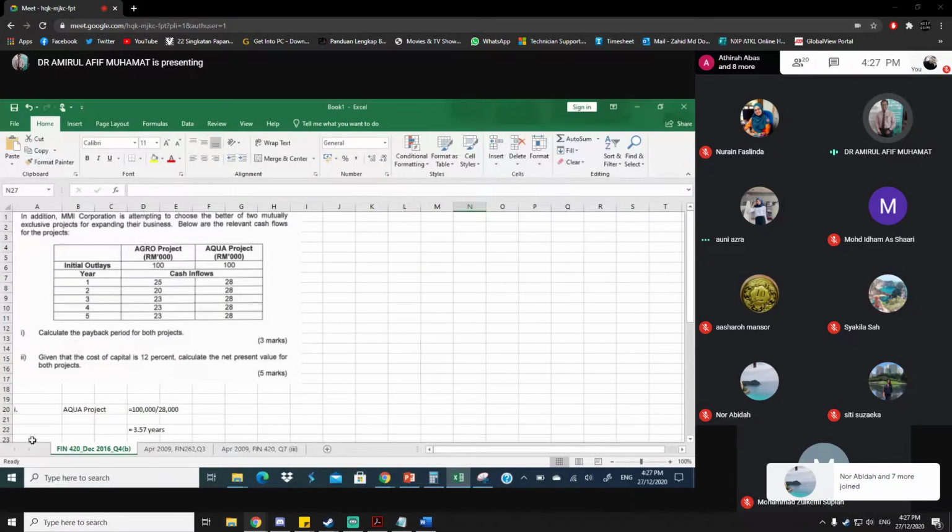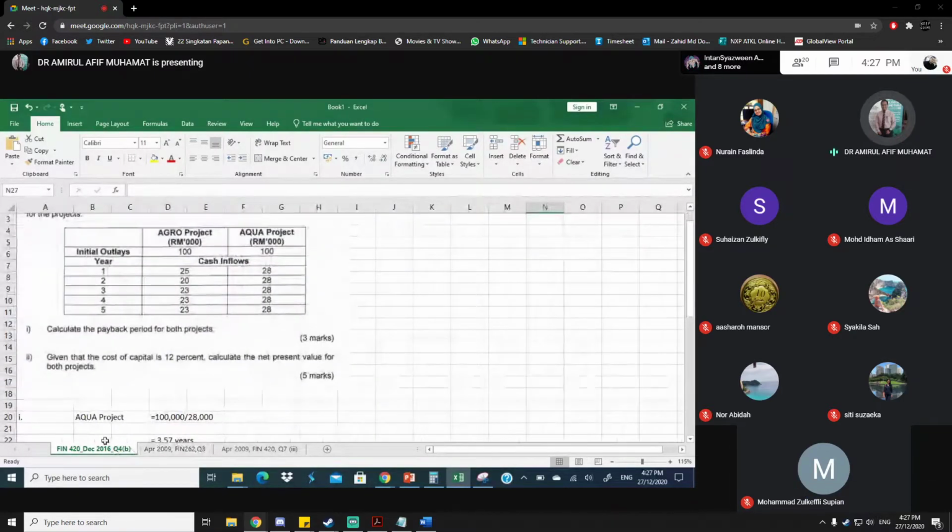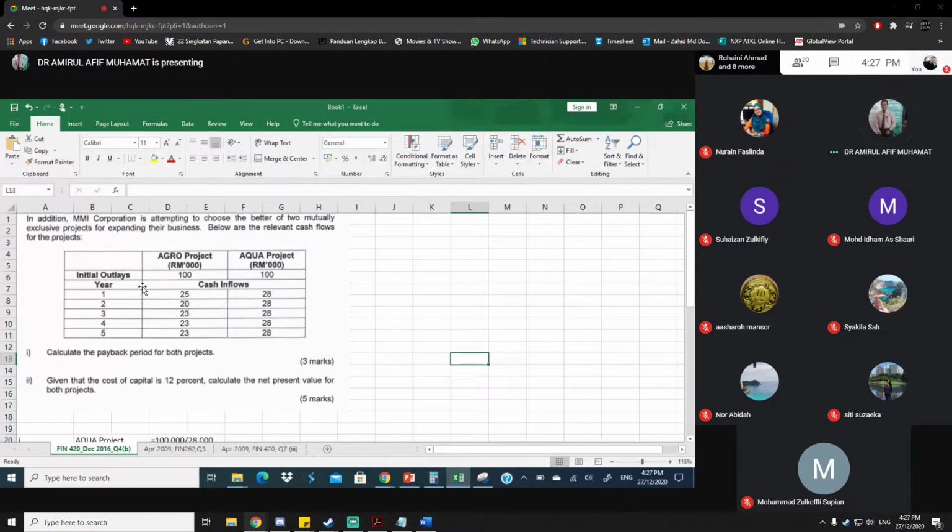If you refer to a past semester exam question, FIN 420, December 2016, question 4B. If you look here, the given initial outlay is 100,000. 100,000 is the initial outlay or the cost for the agro project. 100,000 is also the cost for the aqua project.